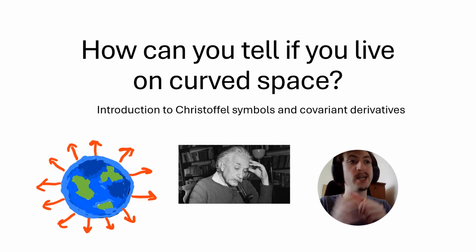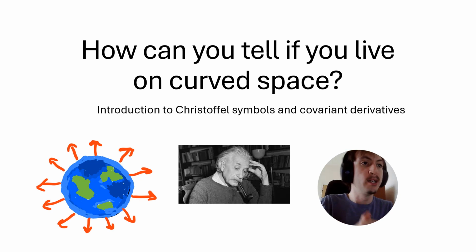And we'll be kicking off that in this video by looking at two very important bits of maths that we're going to use to help us discuss curvature and general relativity.